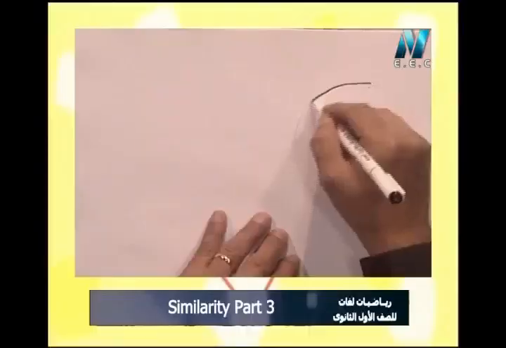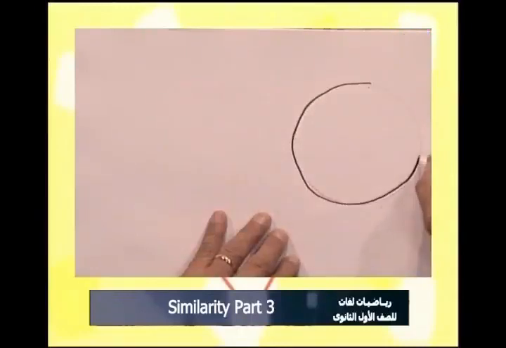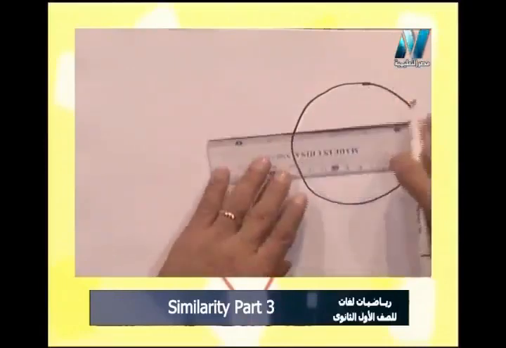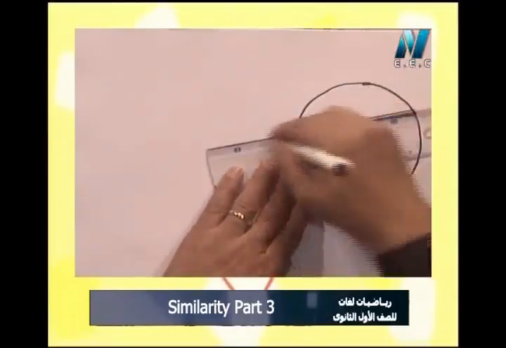We have, my dear students, two chords that intersect outside the circle. The previous one was two chords intersecting inside the circle. So we will draw a circle here, and we will also draw two chords that intersect outside the circle.